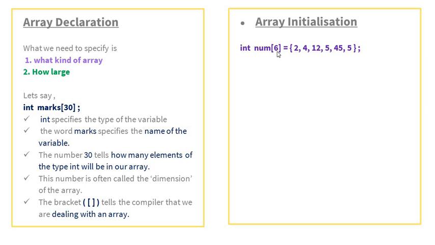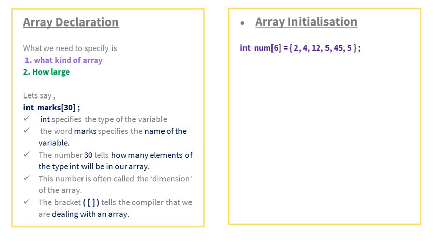Here I have mentioned the dimension of my array, that is 6, the size of my array. You can see these are a total of 6 numbers that I have stored: 2, 4, 12, 5, 45 and 5.